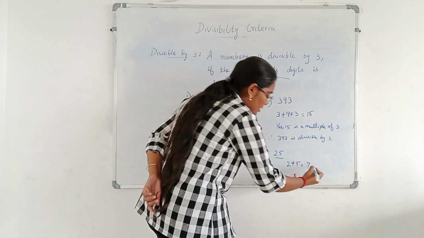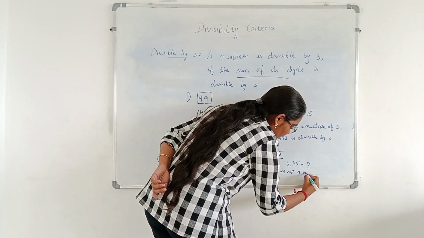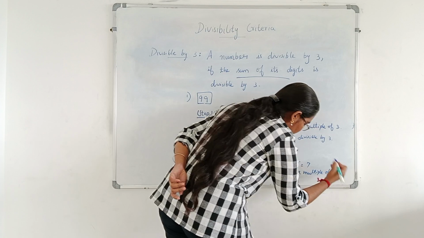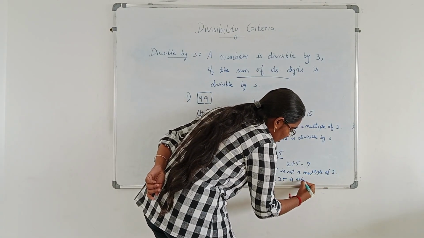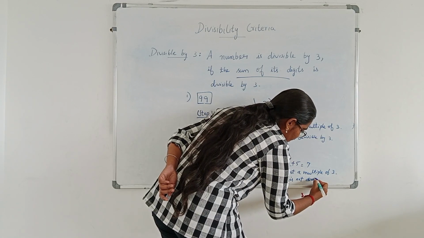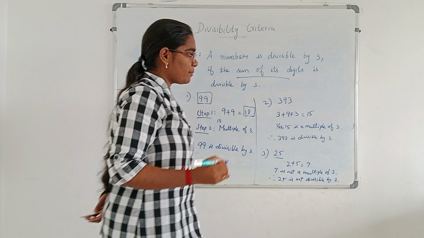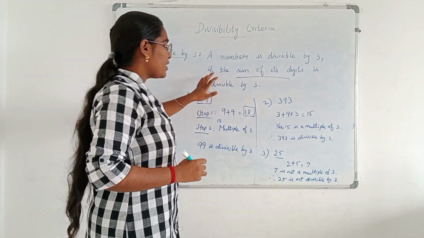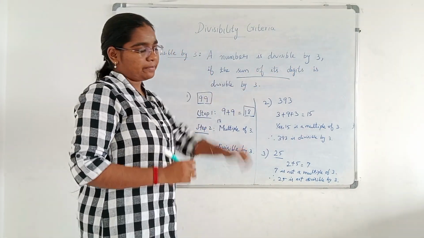No, 7 is not a multiple of 3. Therefore, 25 is not divisible by 3. That's what has been given here: a number is divisible by 3 if the sum of its digits is divisible by 3.